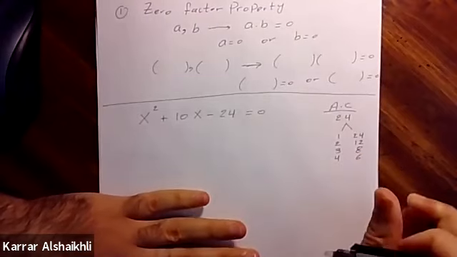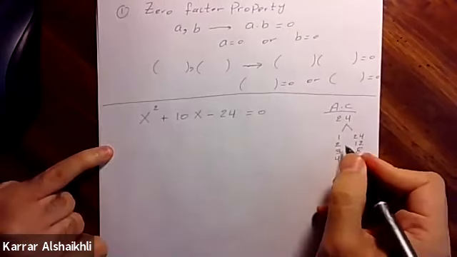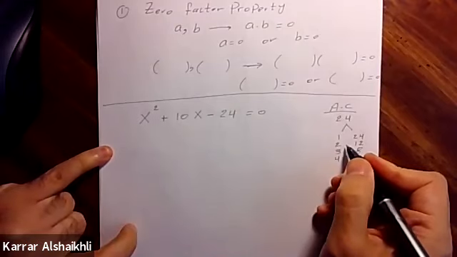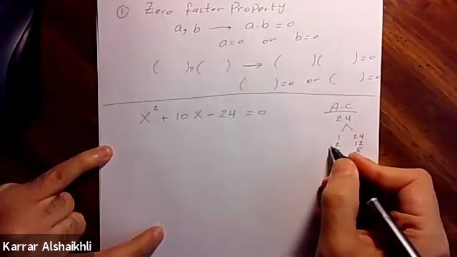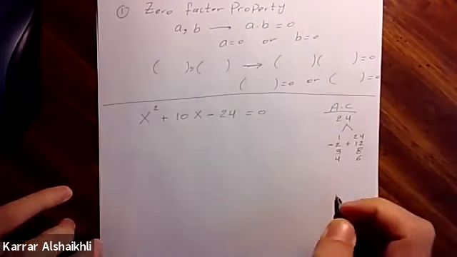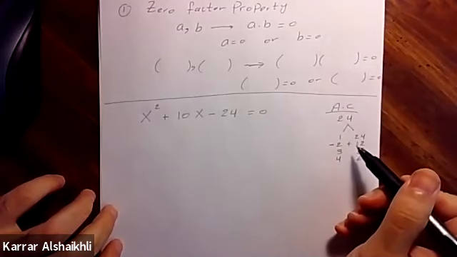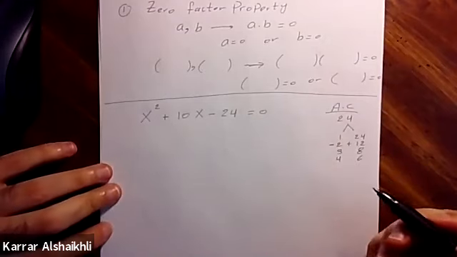So I can use one of these options. Let's start with negative 2 plus 12. If it works, that's fine. If it's not, I'm going to go to the next option.